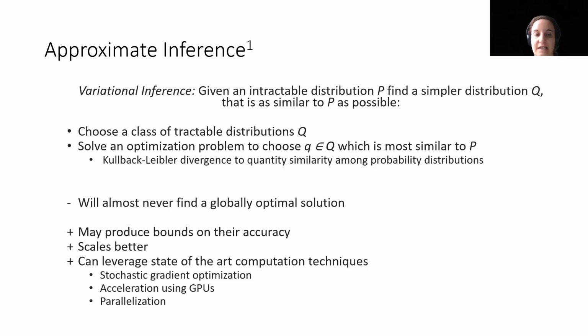On the other hand, it's very fast, and it can leverage any state-of-the-art computation techniques to produce the optimization, such as stochastic gradient optimization, GPUs, and parallelization, because we define the class of tractable distributions. So usually this multi-dimensional normal, for which we have algorithms to take advantage of these state-of-the-art computation techniques.